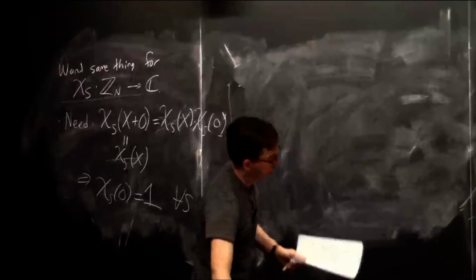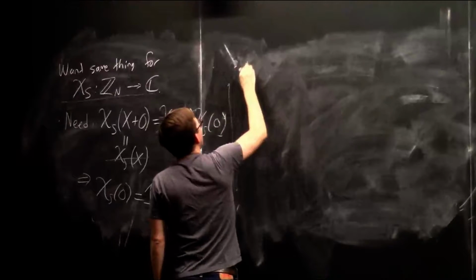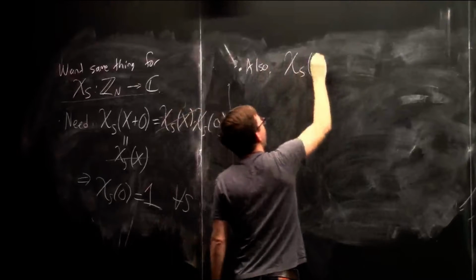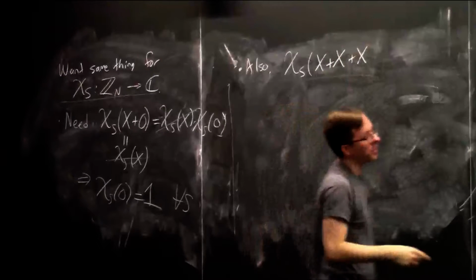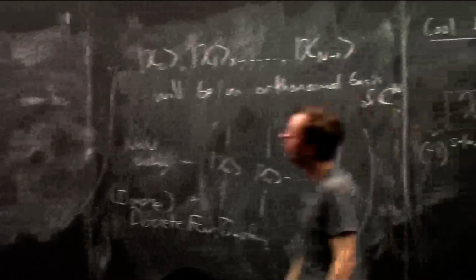Now let me show another little move. Also, if I do chi s of x plus x plus x, I mean, you can, by induction, extend this out. If you add up 3 things here, you'll get the product of the 3 things here.